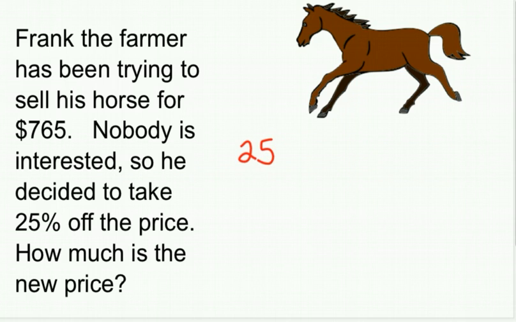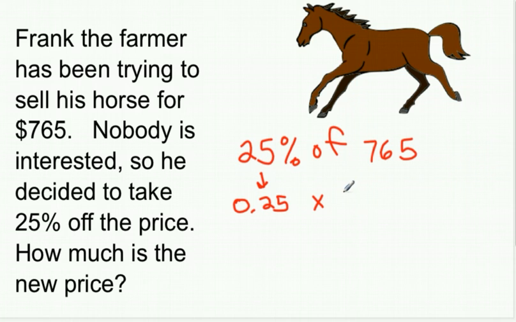So we need to find out what 25% of 765 is. Okay? So if we're going to do that, we're going to take our 25% and turn it into 25 hundredths. Okay?